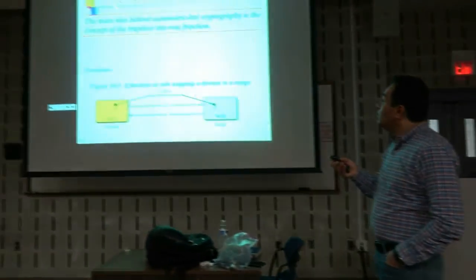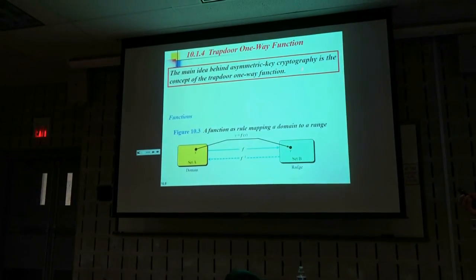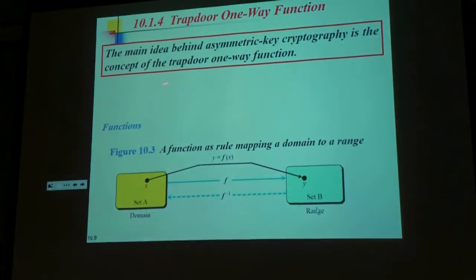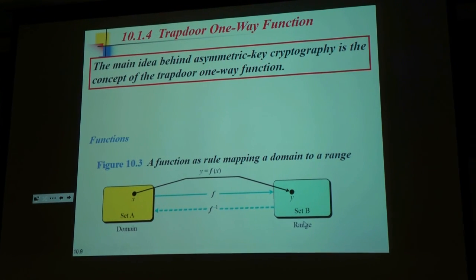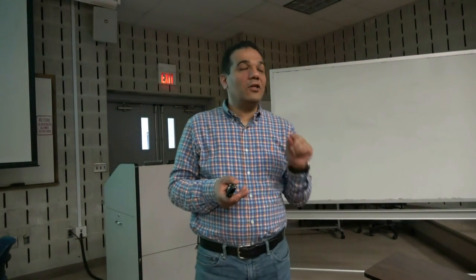So the main idea behind asymmetric key cryptography is the concept of the trapdoor one-way function. We are using a function. A function is a math function, which deals with digits. So what kind of function are we going to use? It's called a one-way function.